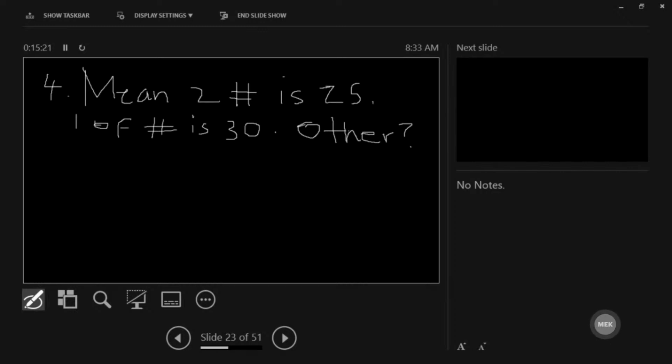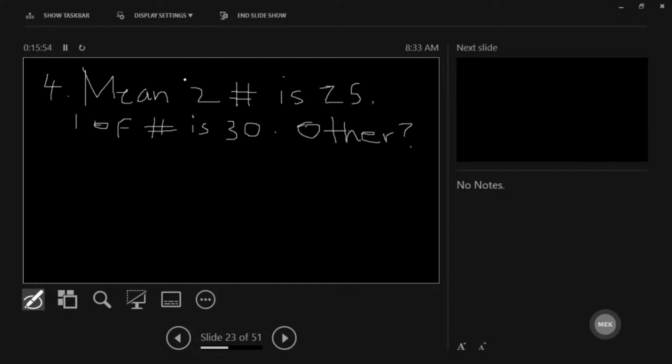Najara is saying the other number is 20. So tell me how you get the 20, Najara. So John is saying 50 is the total, which is correct. And Najara is correct, but he's not telling me how he got it.